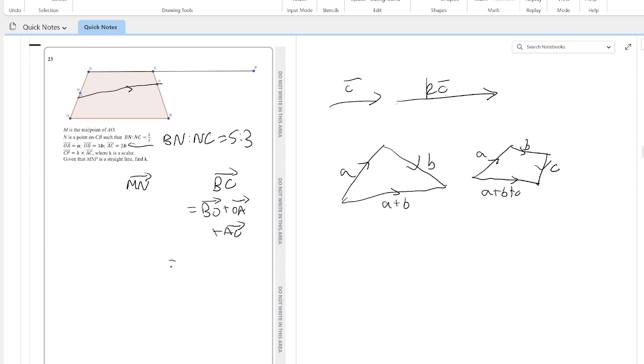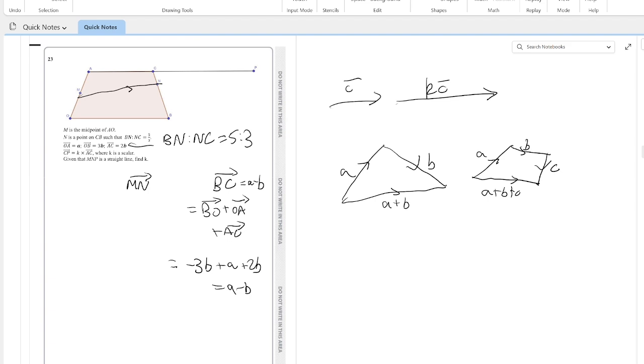And BO is minus 3b, because if you go backwards, then you just do the minus of the vector. OA is a, and AC is 2b. So this is a minus b. So BC is a minus b. Good.